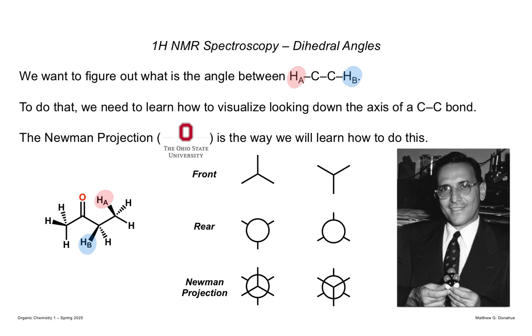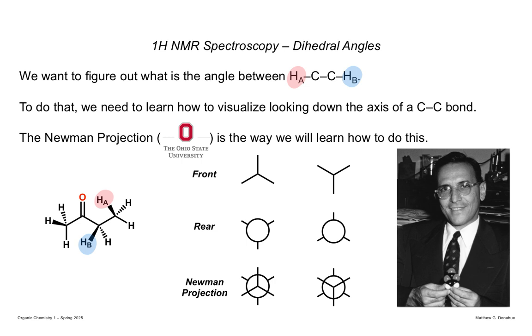So what you see, just from that line notation, HA, C, and C, that's one plane. C, C, and HB, that's the second plane. So the dihedral angle is the angle between those two planes. So the learning tool that we're going to use to do that is called a Newman projection.